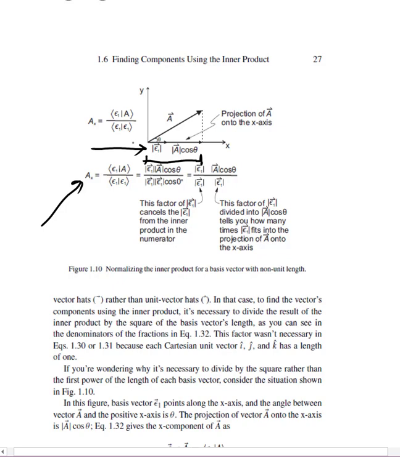Because that's what A sub x tells us. So in order to know that, we have to divide by the length of that basis vector. So one division takes care of the basis vector's length that appears in the dot product, and the other one gives us the vector component in terms of number of basis vectors that fit into the projection A cosine theta.